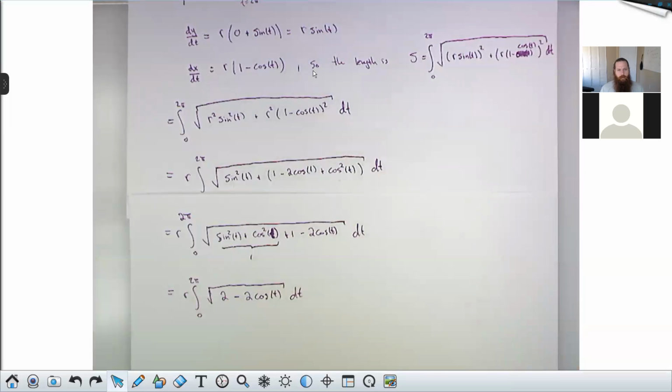Any ideas how to do this integral? I've mentioned these arc length integrals can be challenging. Does this remind you of any formulas?